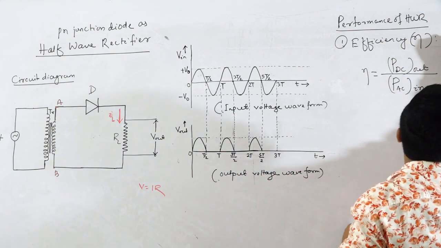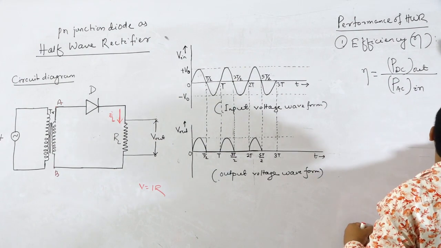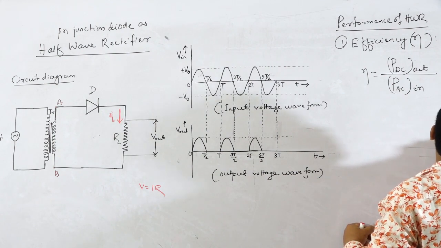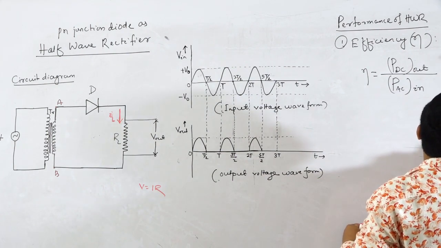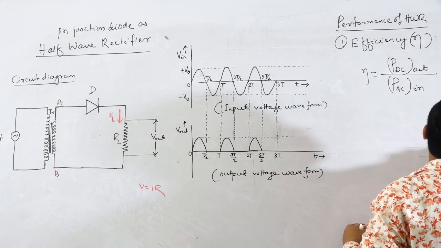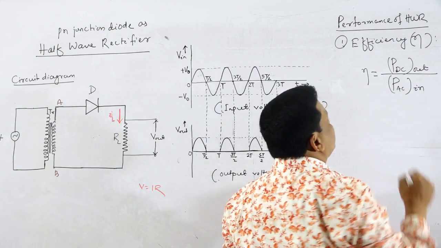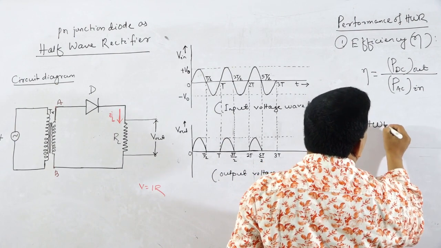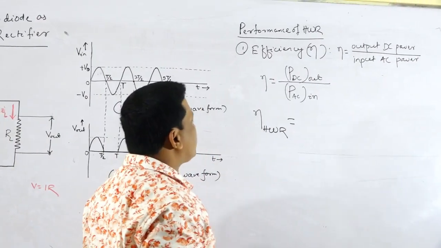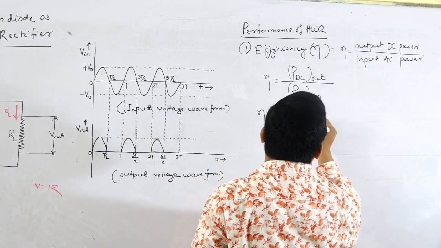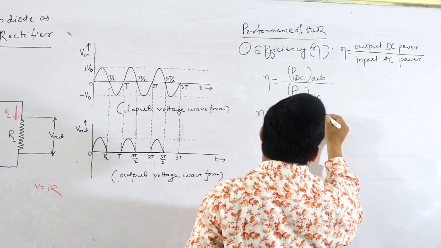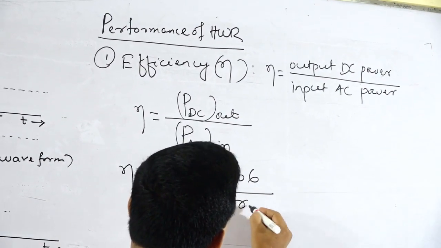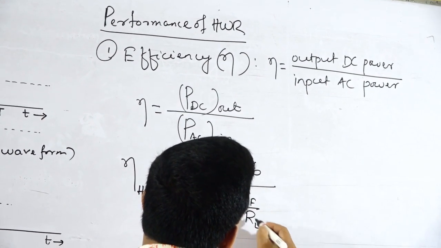Efficiency eta is equal to the ratio between output DC power and input AC power. So symbolically we write like this. Now for the half wave rectifier circuit we can prove that eta HWR equals 0.406 divided by 1 plus RF by RL.